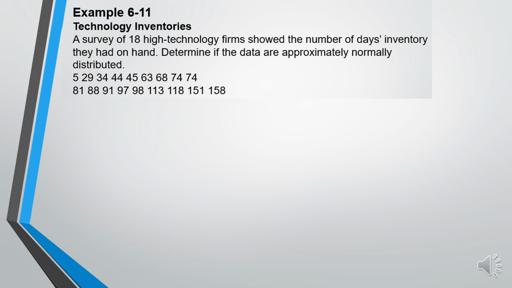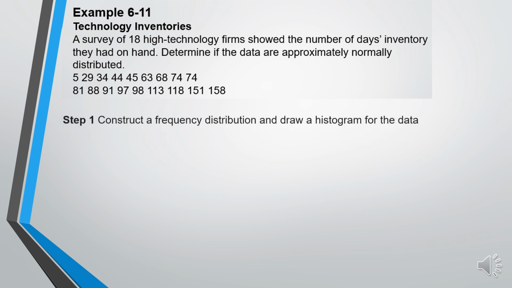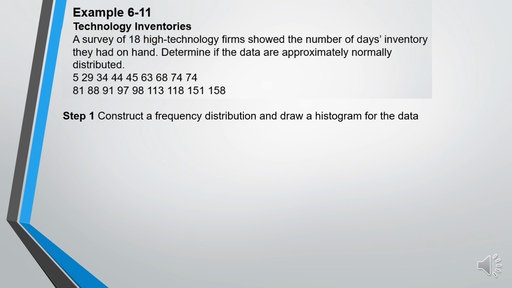So these are the data: 5, 29, 34, 44, 45, 63, 68, 74, 74, 81, 88, 91, 97, 98, 113, 118, 151, and 158. Step 1. Construct a frequency distribution and draw a histogram for the data.